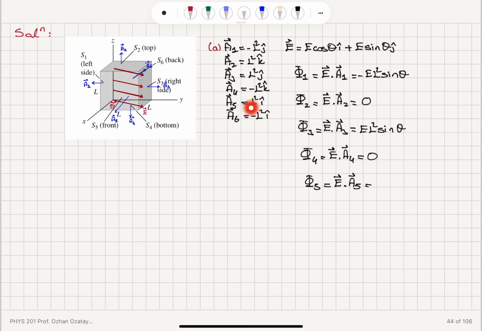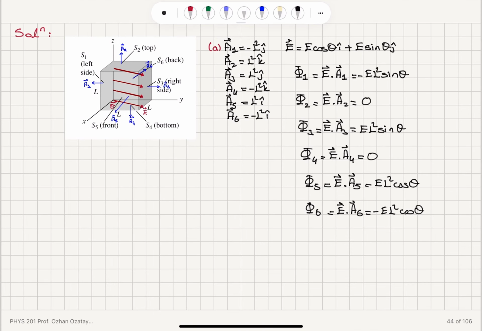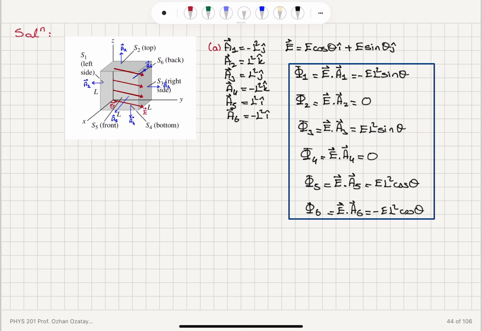A5 is in the L squared i hat direction, so the dot product will give me E L squared cosine theta. And for the sixth face, phi 6, I will have the electric field dot the sixth area vector, which is minus E L squared cosine theta. All right, so that's the flux through all of these faces.